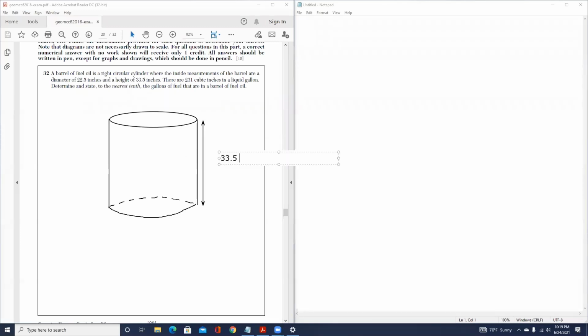This is 33.5 inches, and we have a diameter of 22.5 inches. And we know that the radius is half of the diameter, so we can just write it right underneath it. This is going to be 1/2 times 22.5 inches, which is 11.25 inches.